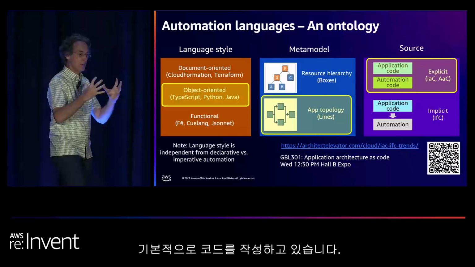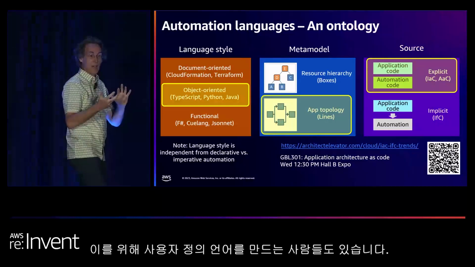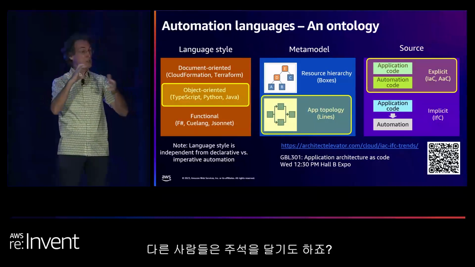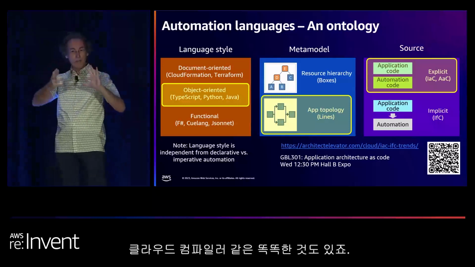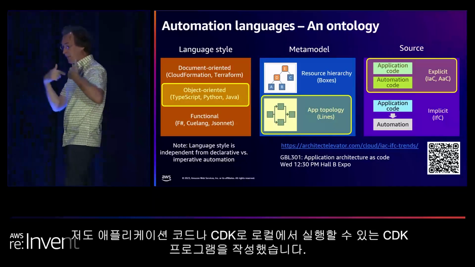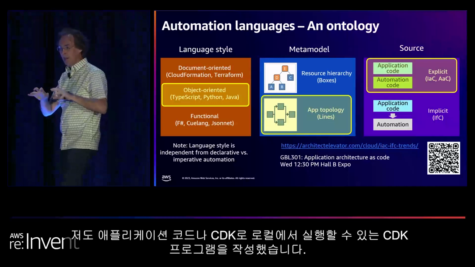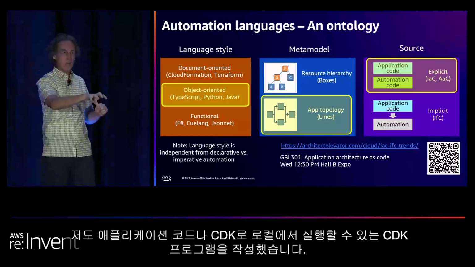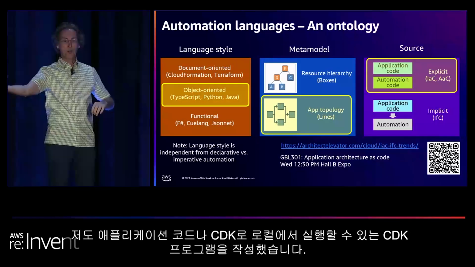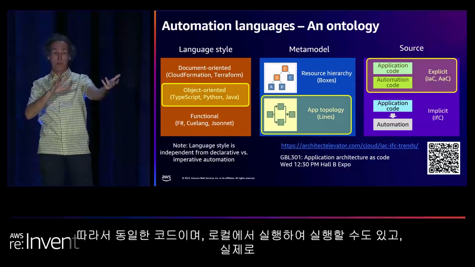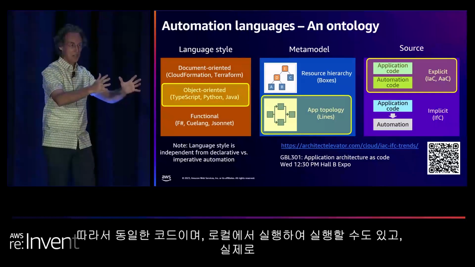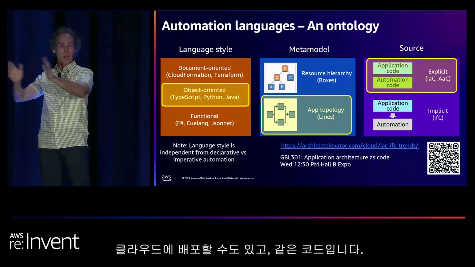Basically, you're writing your code. Some folks are making custom languages to do this. Other folks do annotations, right? There are clever things like cloud compilers. Even I have written CDK programs that can run locally as application code or as CDK code for deployment. So it's the same code, and you can run it locally and execute it, or you can go and deploy it to the cloud, and it's the same code.